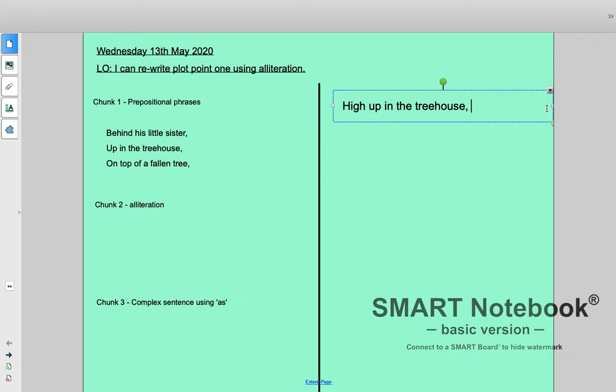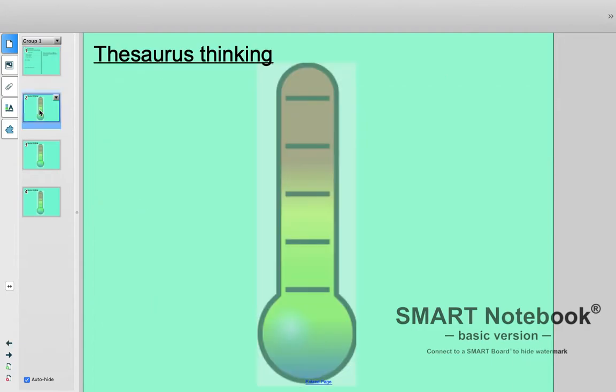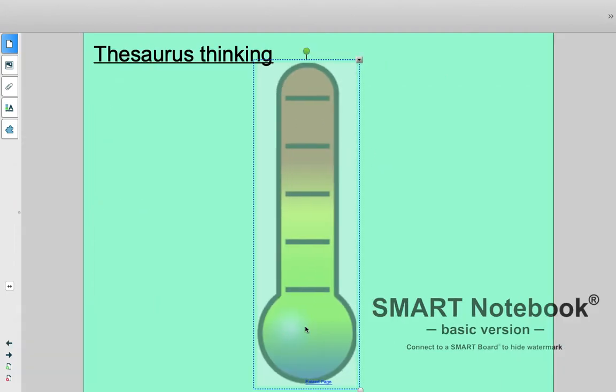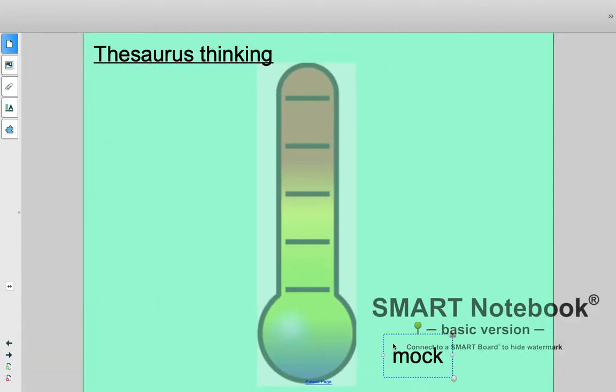Mila's big brother mocked her about entering the haunted shed. Now, I think I could change mocked. I think there's a better synonym that I could use, so I'm going to go to my thesaurus thinking page and type mocked here.